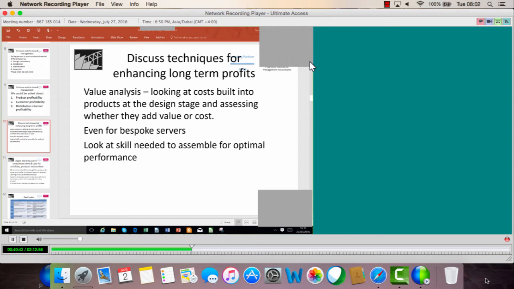Even if we've tried to make a little bit of differentiation, we've managed to get installation included, which we consider we do better, or anything like that, ultimately those customers are very price conscious.